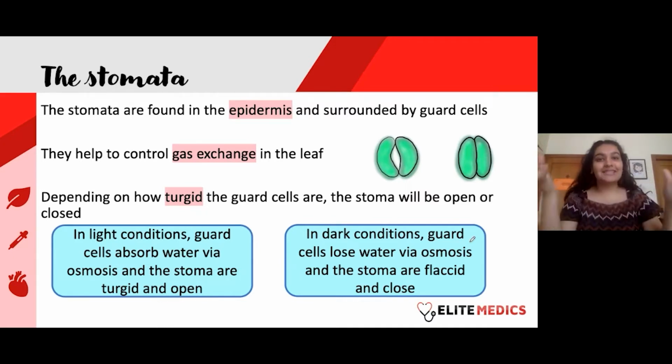And carbon dioxide is a gas, so it comes from the atmosphere. So the stomata allow the gas to pass inside the leaf, and therefore you've got this carbon dioxide inside to start reacting with water, with light energy, to have photosynthesis occur.